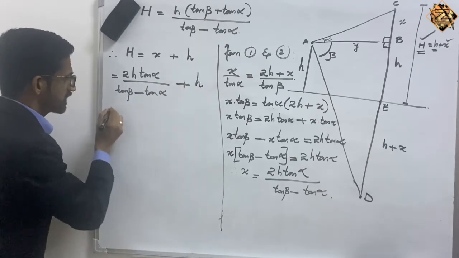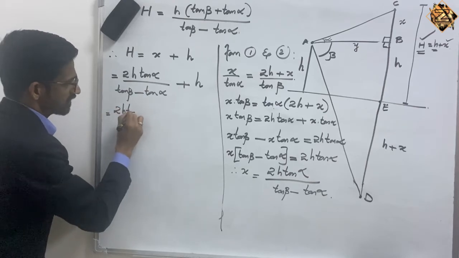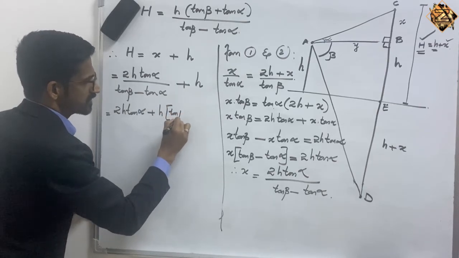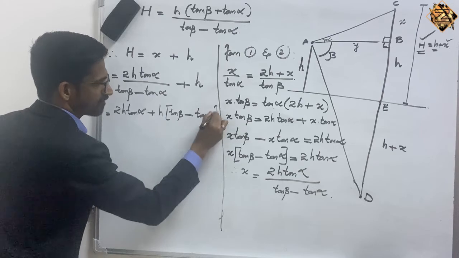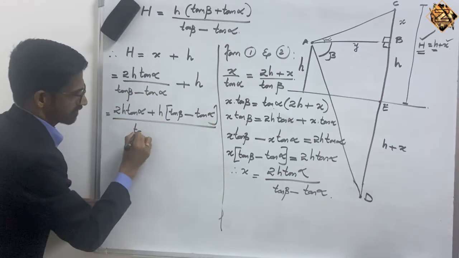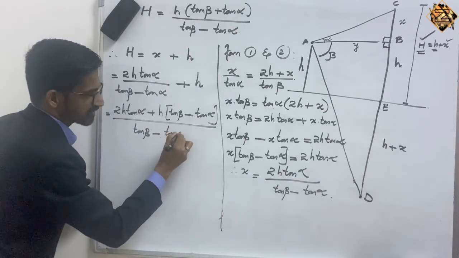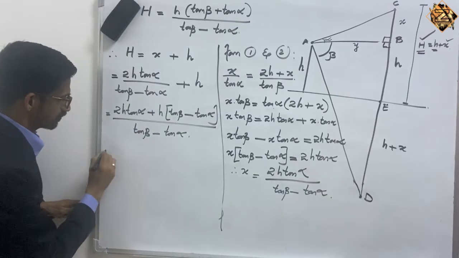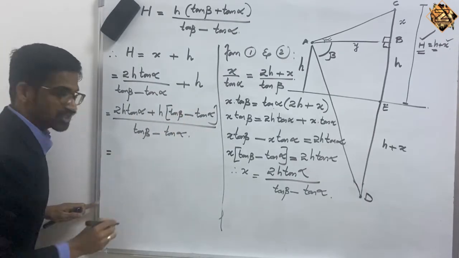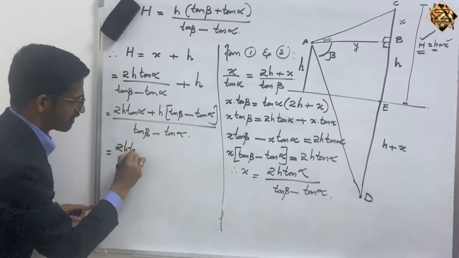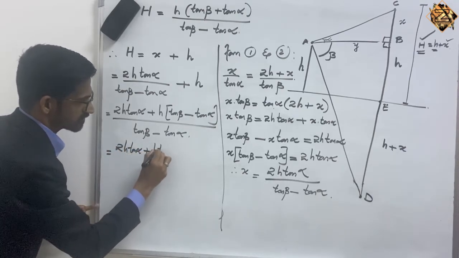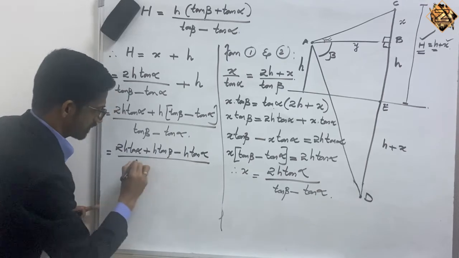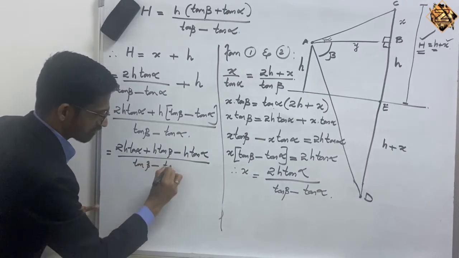Now we do the cross multiplication: that equals 2h tan alpha plus h into tan beta minus tan alpha, by tan beta minus tan alpha. Now we open the bracket: 2h tan alpha plus h tan beta minus h tan alpha, by tan beta minus tan alpha.